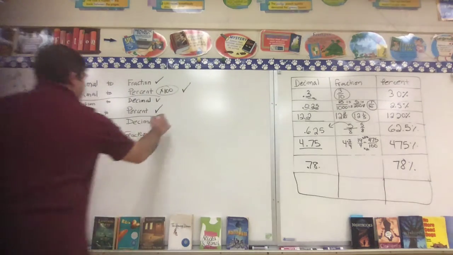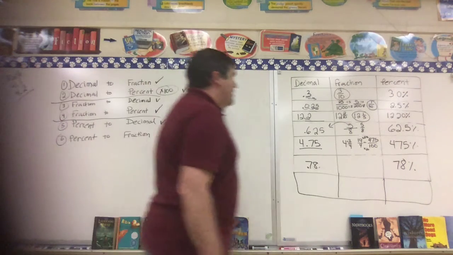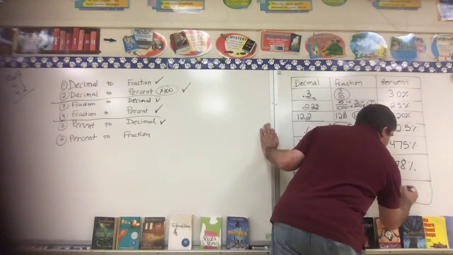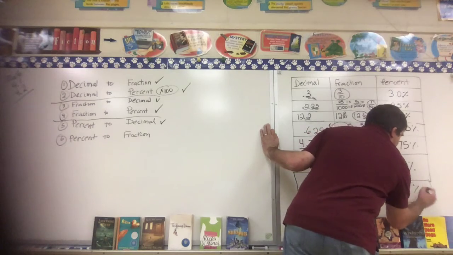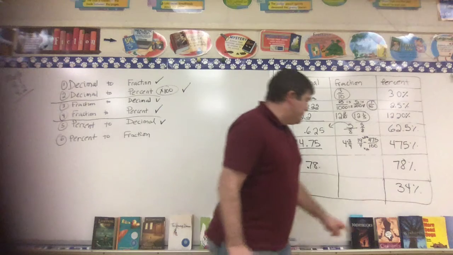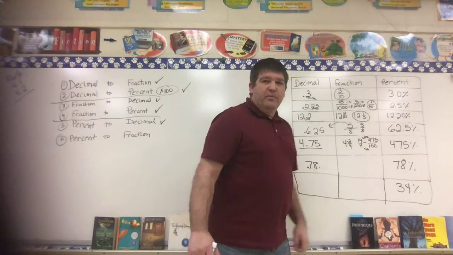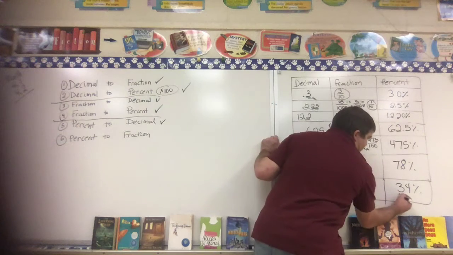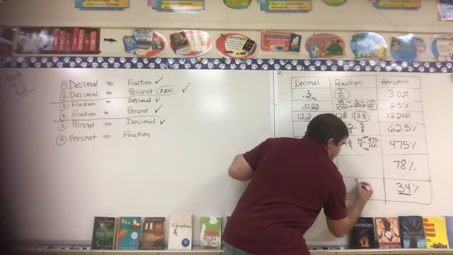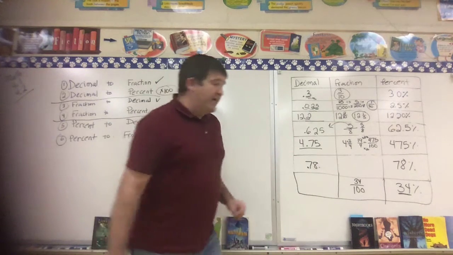Now, one last one. A percent to a fraction. You can go right from here to here. And the way you do that, you take whatever you have, 34, and you put it out of 100. And then you have to simplify it.